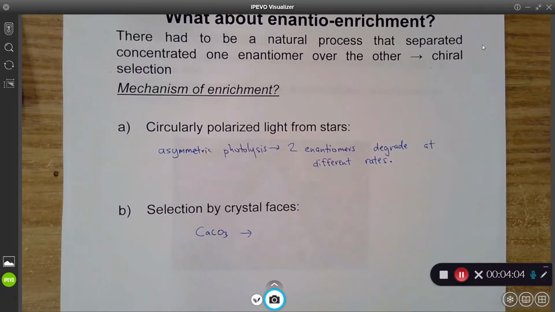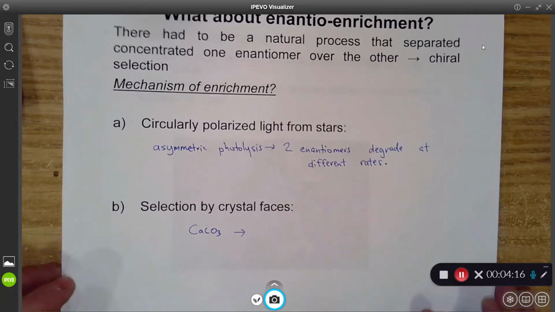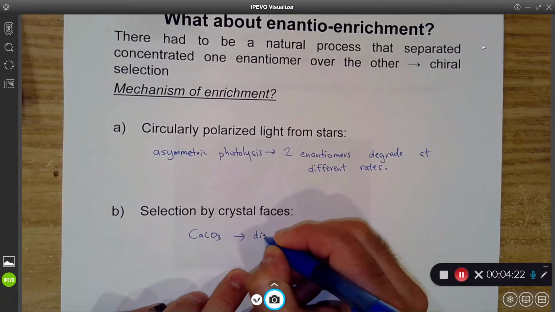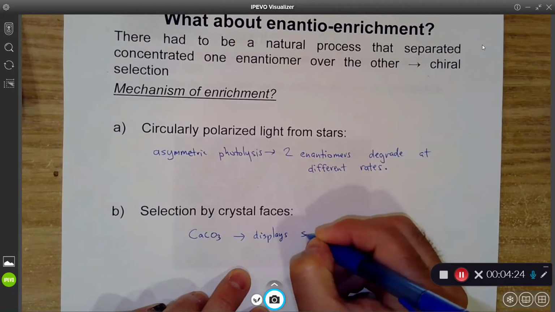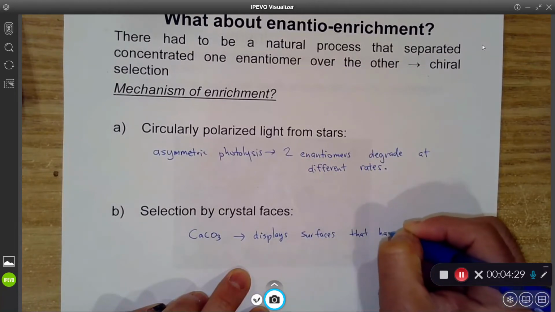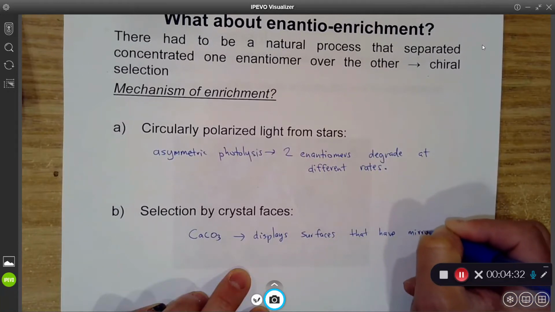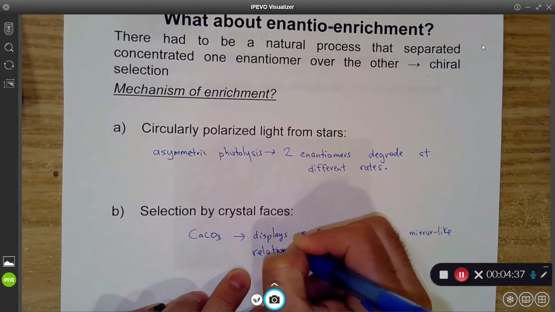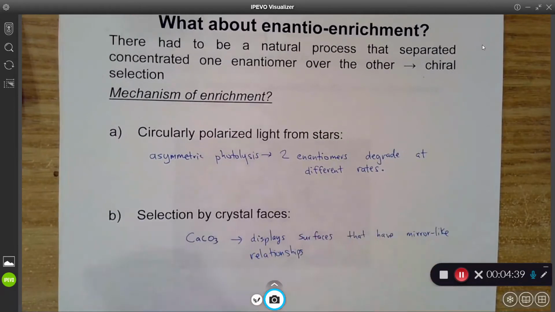Perhaps it's possible that one face would be exposed to harsher elements or circularly polarized light, whereas the other one might be shielded from ultraviolet light or other factors in the universe that could destroy them.